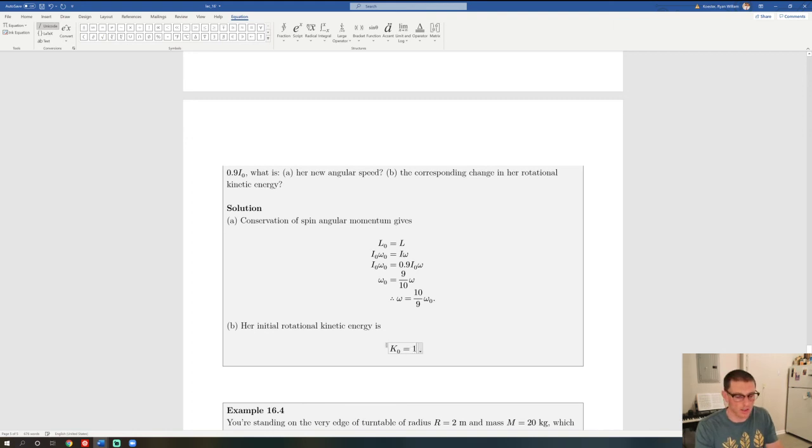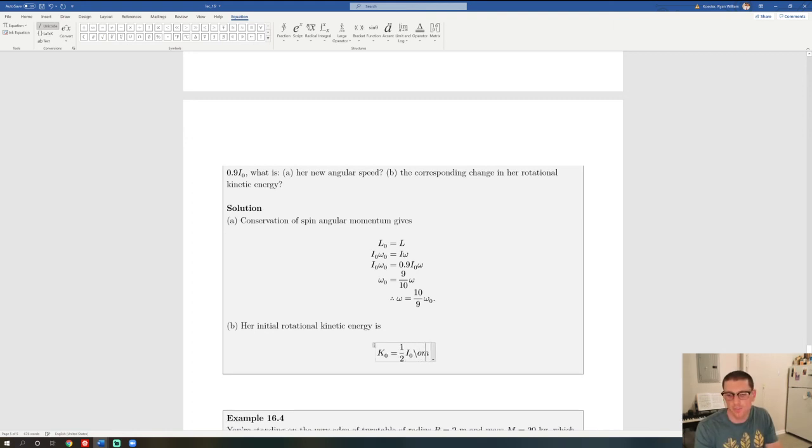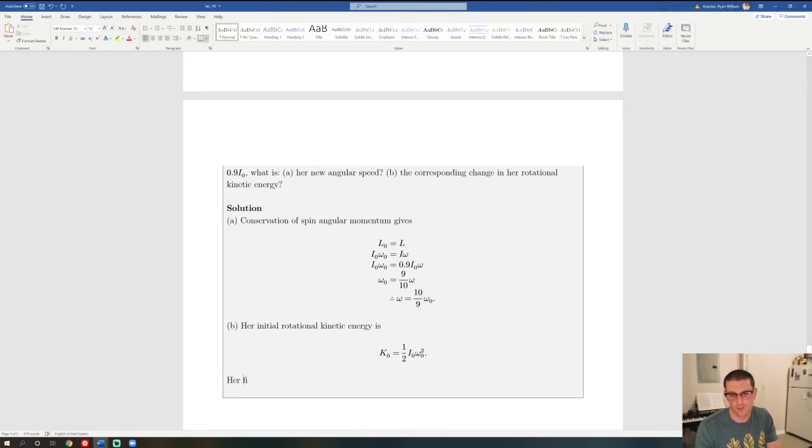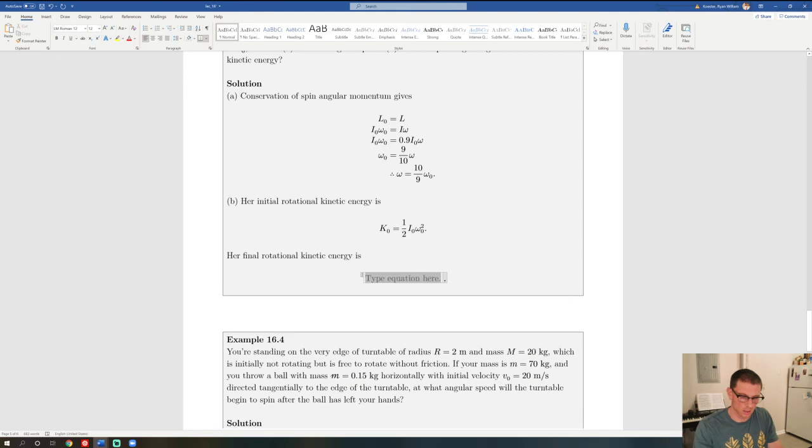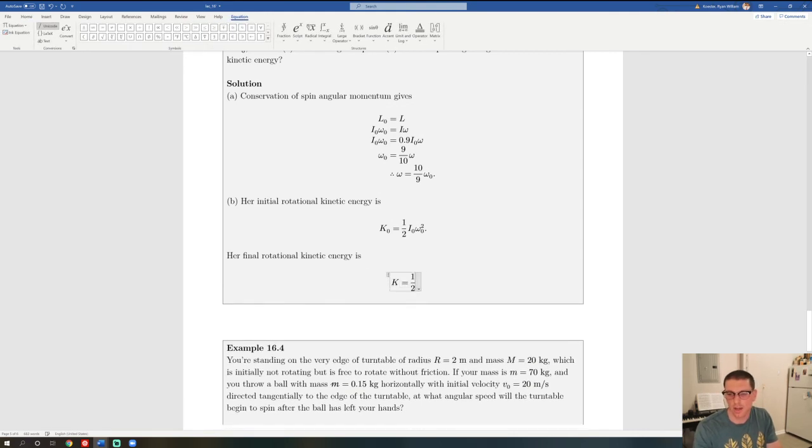And so we can just write that this is 1/2 I naught omega naught squared. And then her final rotational kinetic energy is going to be K is 1/2 I omega squared, right?